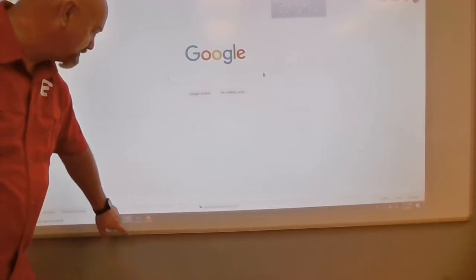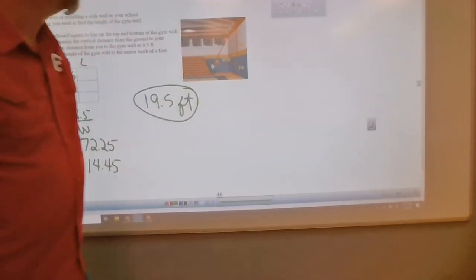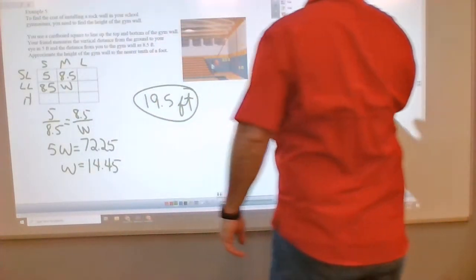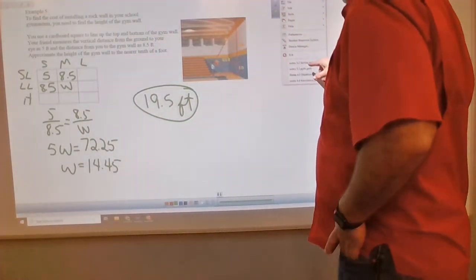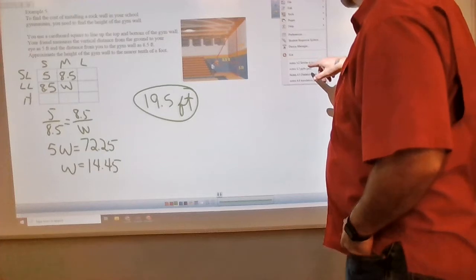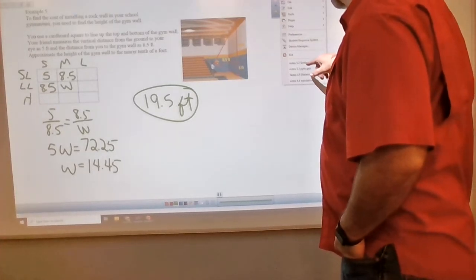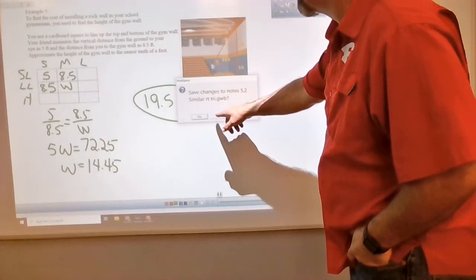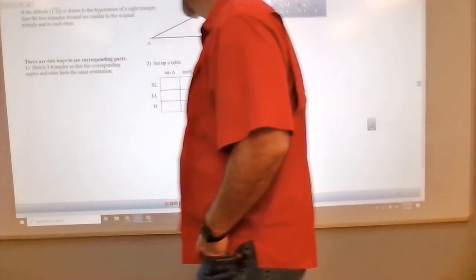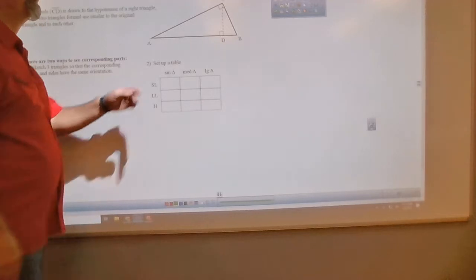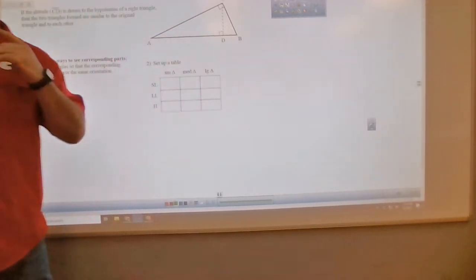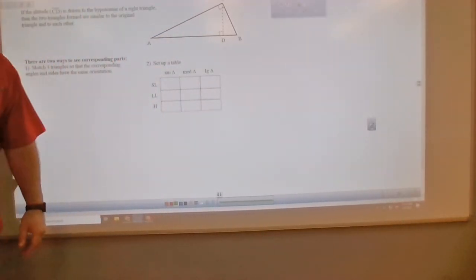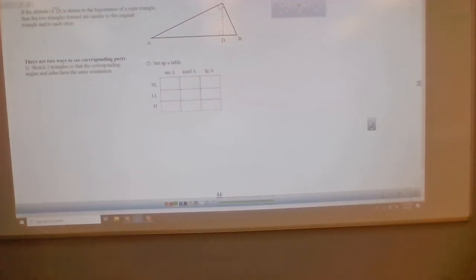So when you look at that triangle, the first thing I would like for you to do is draw the three triangles so that they're facing the same direction.